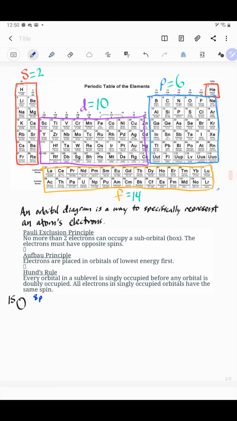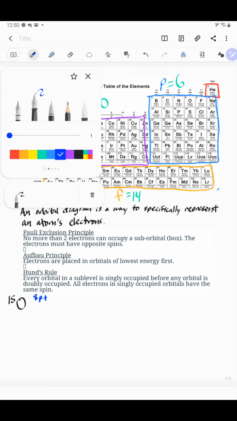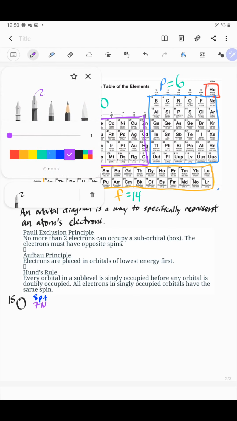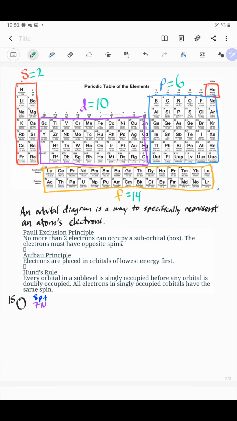So 8 protons. Next, there are 7 neutrons. And then lastly, since it's uncharged, the proton number and electron number are going to equal one another. So there are 8 electrons.